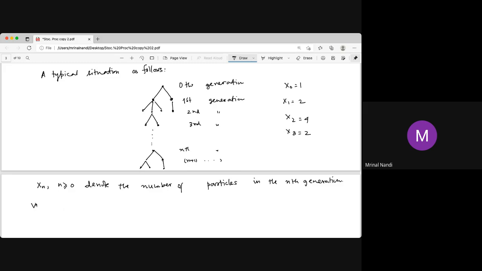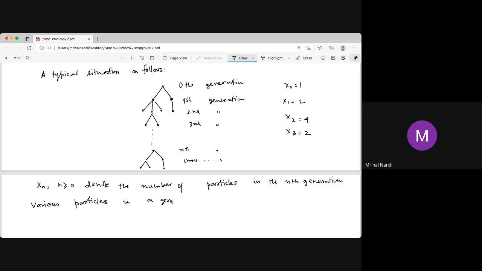Now, various particles in a generation. In a generation, there may be more than one.